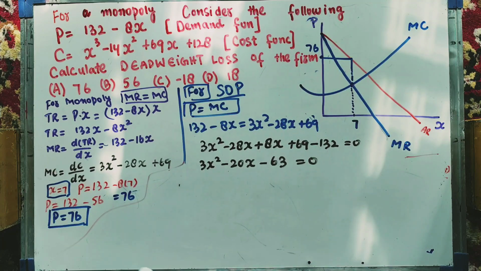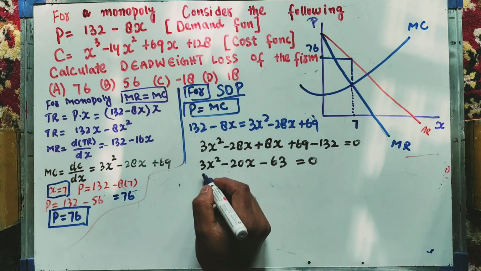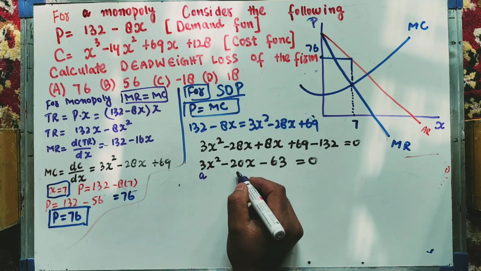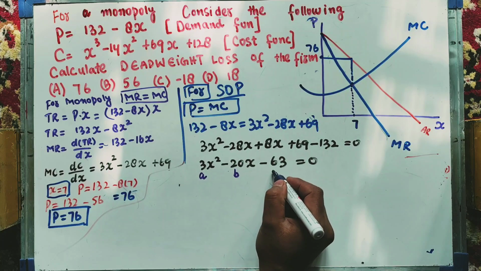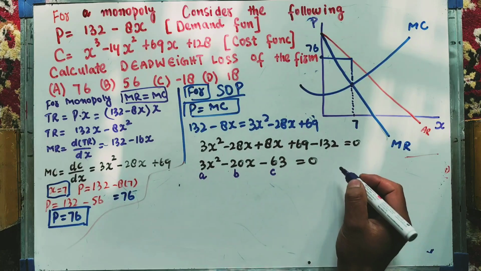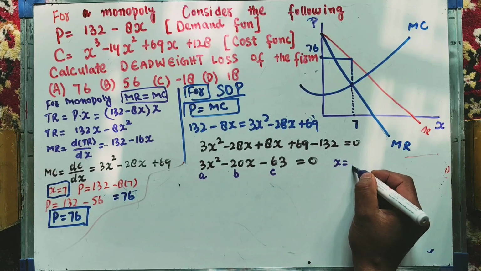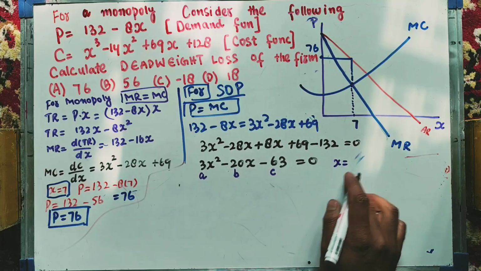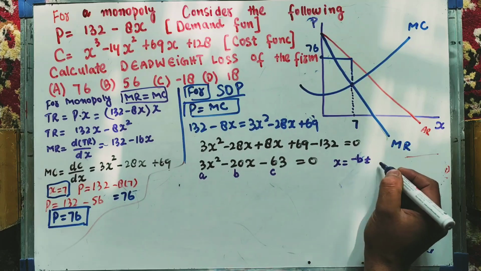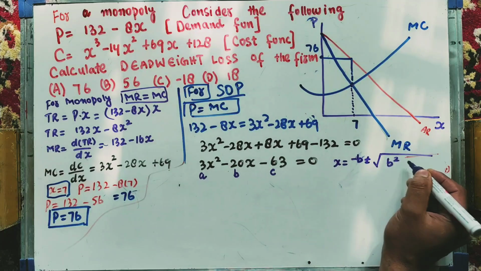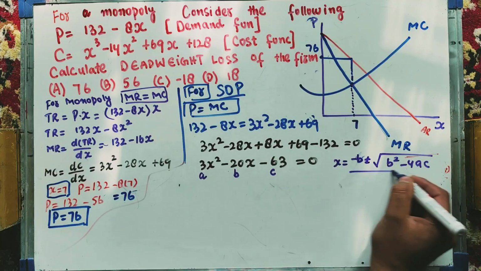So using the quadratic formula, a is the coefficient of x square, b is the coefficient of x, c is the constant term, which is -63. So what is the formula? That is x should be equal to minus b plus minus square root of b square minus 4ac, divided by 2a.